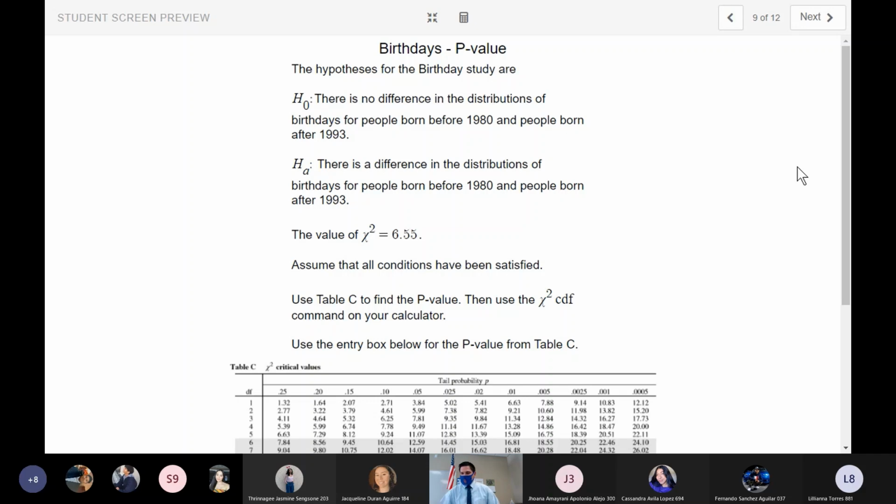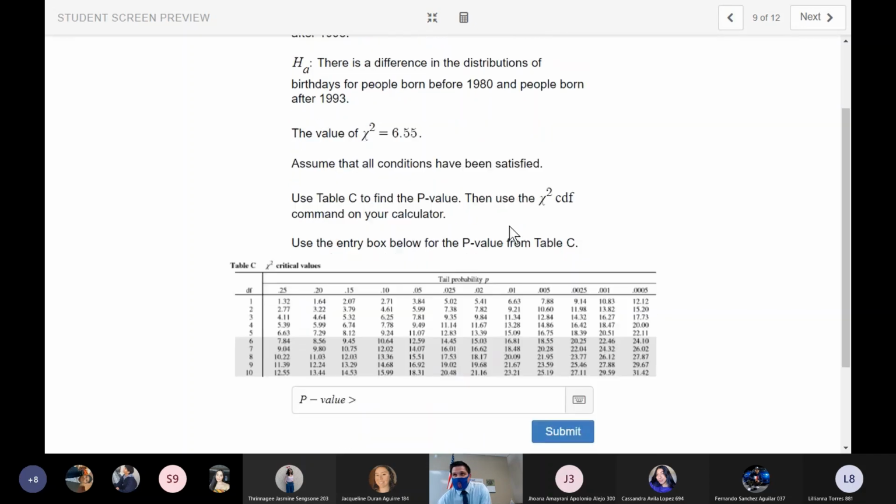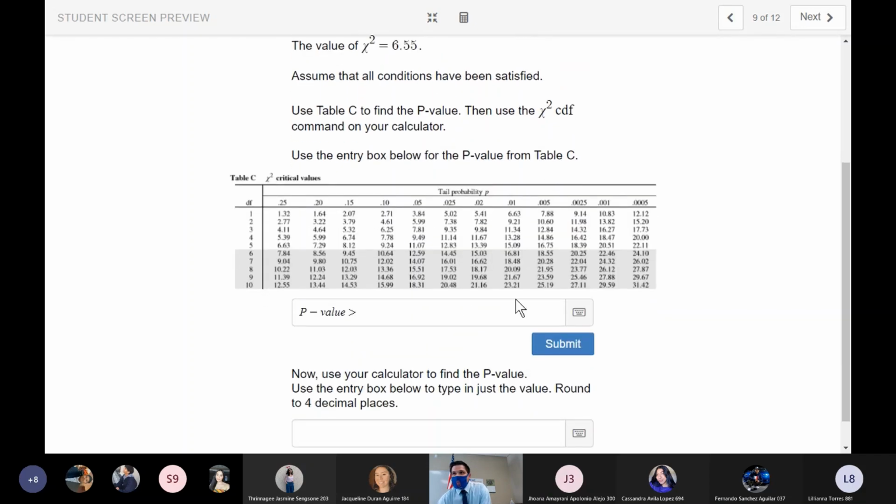And so we're going to get these two different values. I have a little section of table C here. I don't know how small or large that shows up on your own screen. If you need the version of table C, there is a copy of the formulas and tables in the files in our Teams channel, or you can just go into Canvas and find it in there.